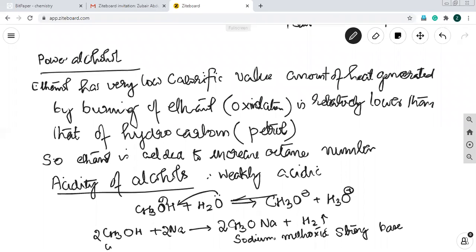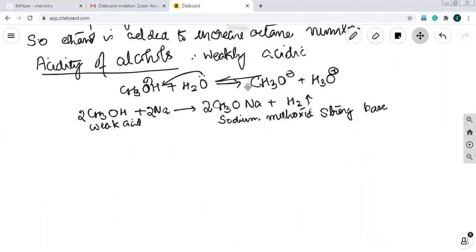So this is a weak acid, and the conjugate base CH3O minus will be very strong. So that is the acid base property.